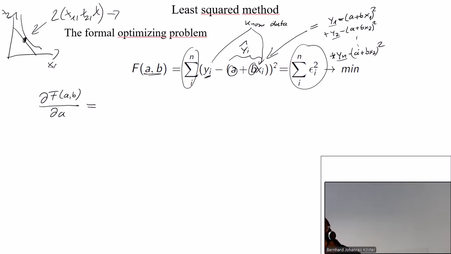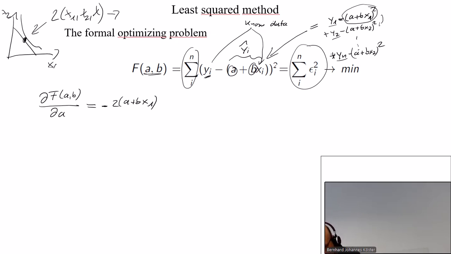Then we have still this minus sign. And what is the derivative with respect to a of a plus b x1? Again, x1 is now just a fixed number for you. Yeah, great. 2 times (a plus b x1).